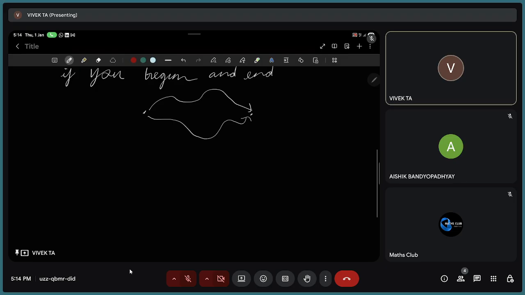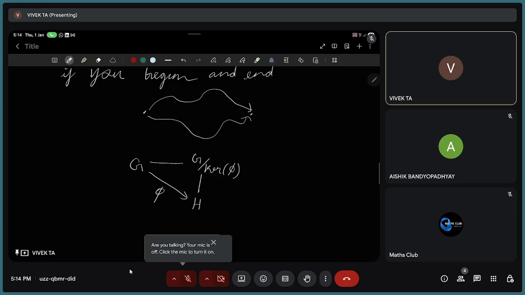An example that is the simplest one to follow is, let's suppose you have a map phi from G to a group H, which is a group homomorphism. Then if you go from G mod kernel phi, going through this route is the same as going this route.